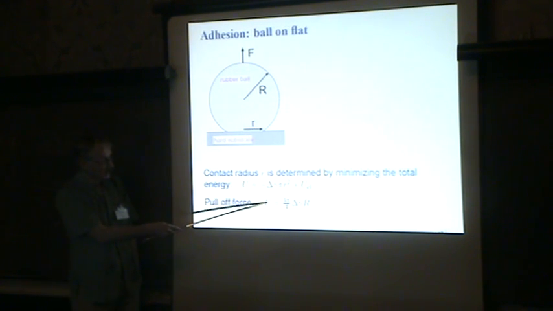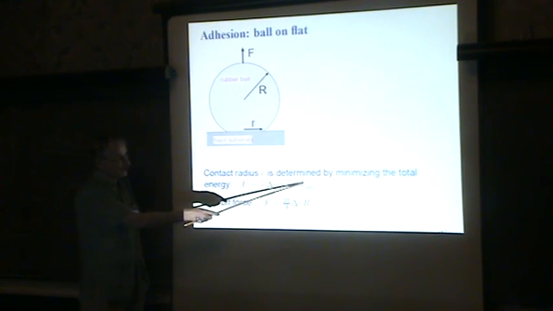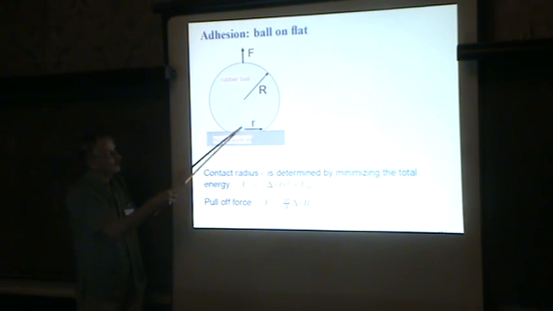And the way this result is obtained is by minimizing the total energy, which consists of the elastic deformation energy. To make contact here, you need to deform the rubber ball. And then there is some binding energy at the interface, which has to do with the interaction between the surfaces. And that's proportional to the area.